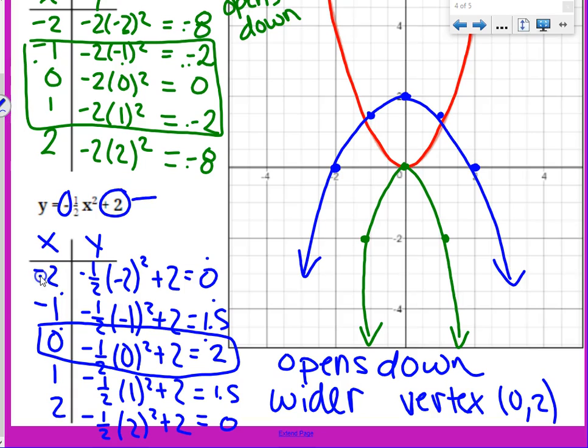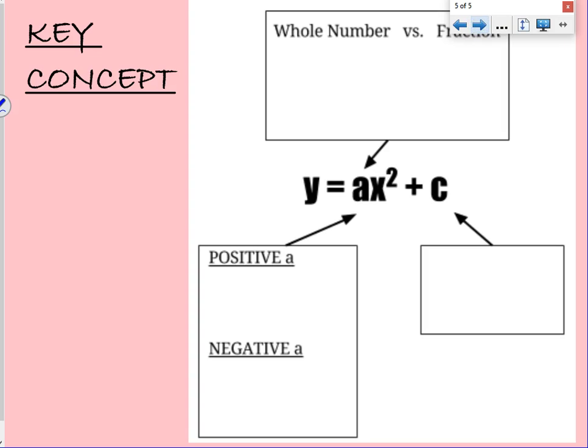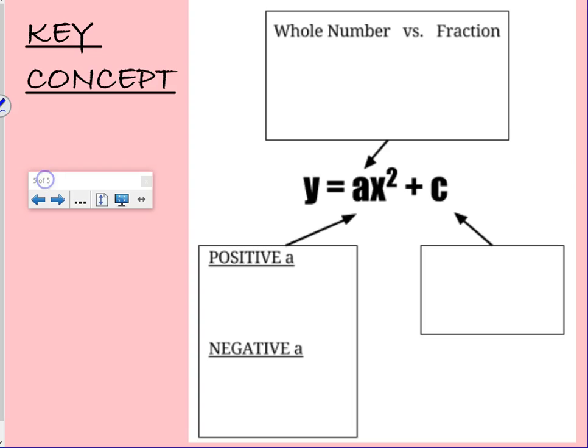The reason for that is because we added 2, so it changed our vertex. In all of our other graphs, we didn't add anything, so we were really adding 0, which made for that 0, 0 vertex.